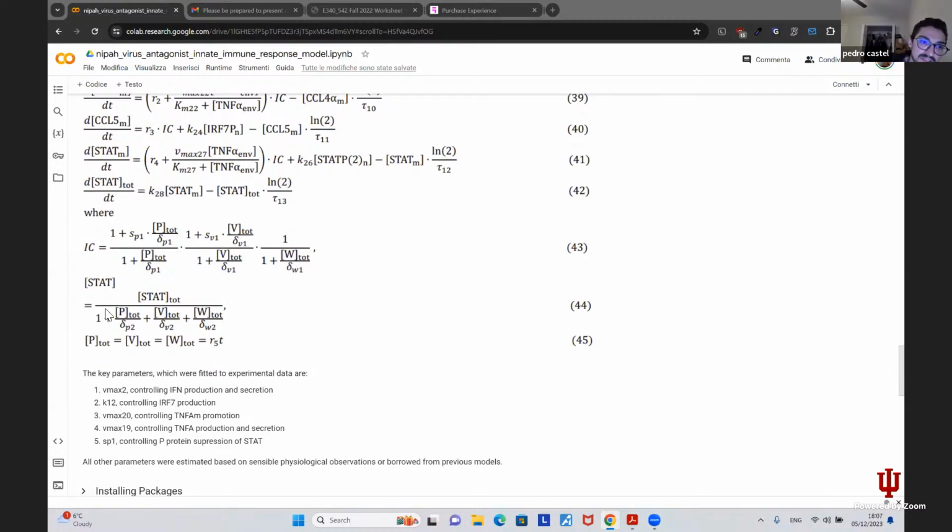And down here in the STAT, they all act as inhibitors. So they basically shut down the STAT pathway, which is the positive feedback cycle that really creates the spike in interferon. And down here, you can see clearly that they model P, V, and W as being constantly produced, so they increase linearly in time.